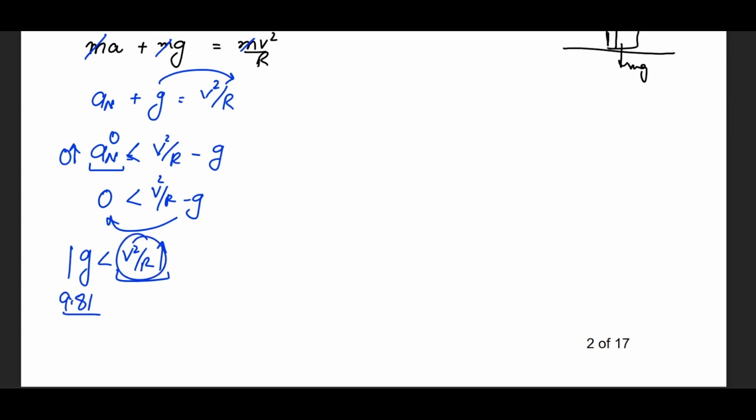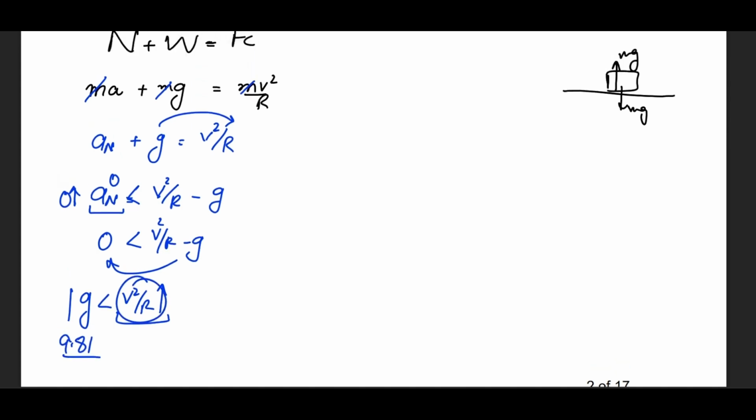Is it greater than 9.81 or not? Let's verify this using v square over r. This becomes 1.51 whole square divided by r, which is 0.31. When you finally calculate this, it comes out as 7.25 meters per second square.